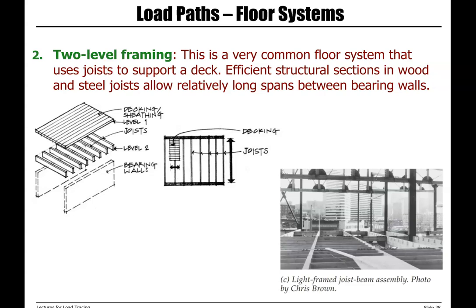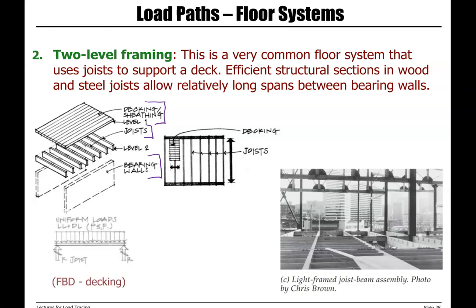The next system is a two-level framing system, which is a very common floor system that uses joists to support a deck. Efficient structural sections in wood and steel joists allow relatively long spans between bearing walls. So again, we have deck, but the decking is supported by joists, and then load is transferred from joists to bearing wall.